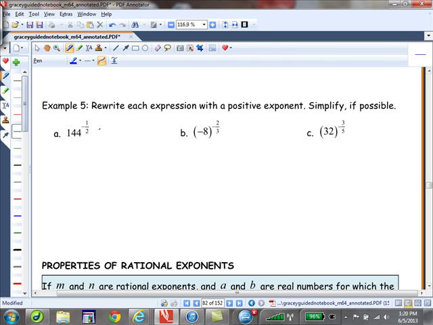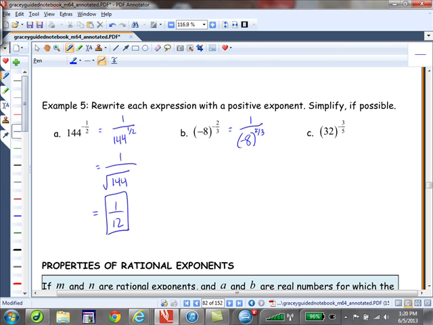So this will end up being 1 over 144 to the 1/2, which is 1 over the square root of 144, which is 1/12. This guy will be 1 over negative 8 to the positive 2/3.